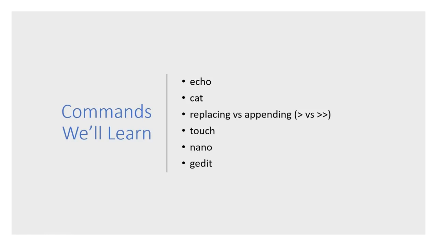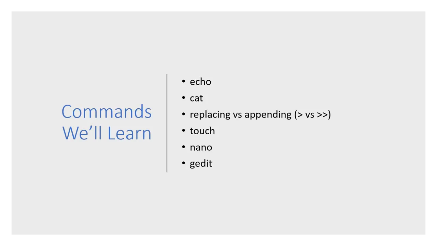We're going to learn the echo command, which echoes what we write right back out to the terminal. We're going to look at the cat command, which is going to print out a document for us. It's similar to type in Windows. We'll talk about replacing versus appending and which function does which and how to do it.